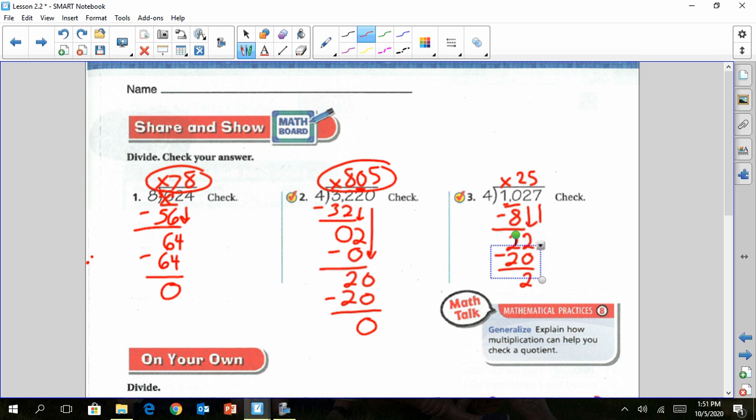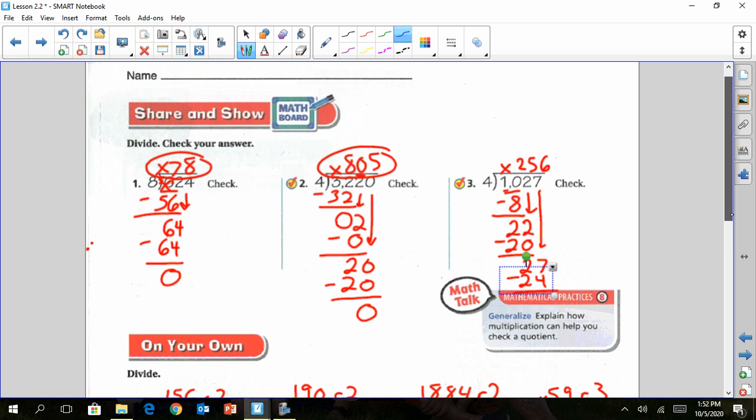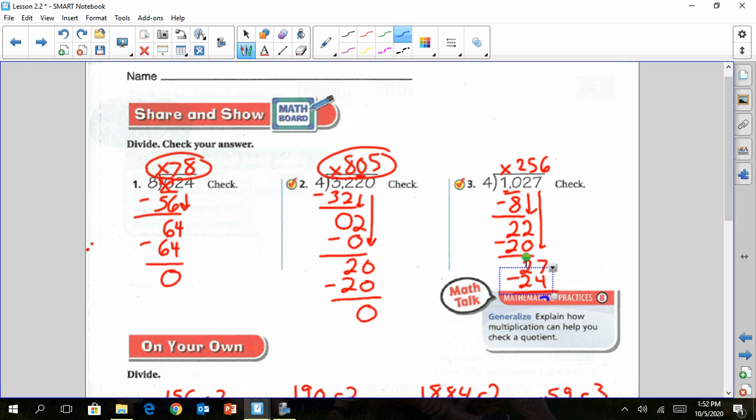We bring the next number down, and we have 27. 4 times 5 was 20. That's going to be too low. We can get closer. 4 times 6 is 24. And then I subtract. I'm going to go ahead and change colors here because I ran into the wording. But 27 minus 24 equals 3.